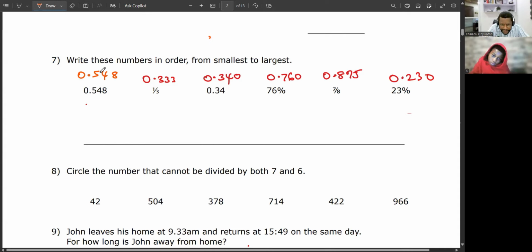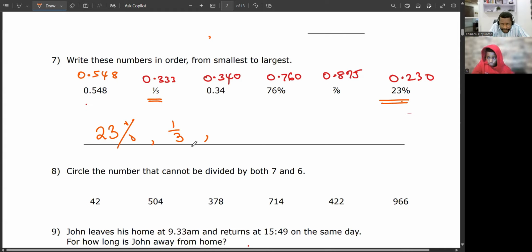Which one do you think is the smallest? The smallest out of the majority is going to have to be 23%. So the smallest is this, which is 23%. The second one is going to have to be 1/3. Yes, that's 1/3.